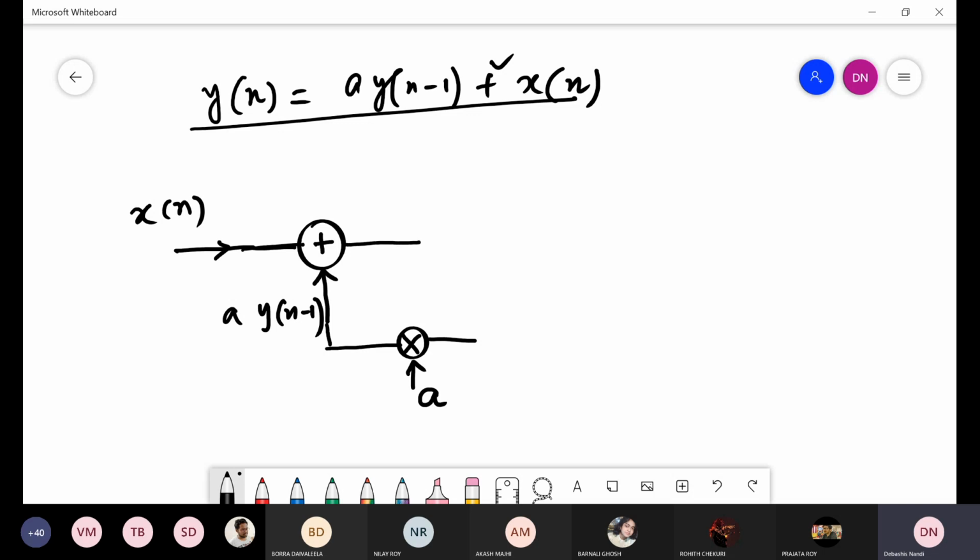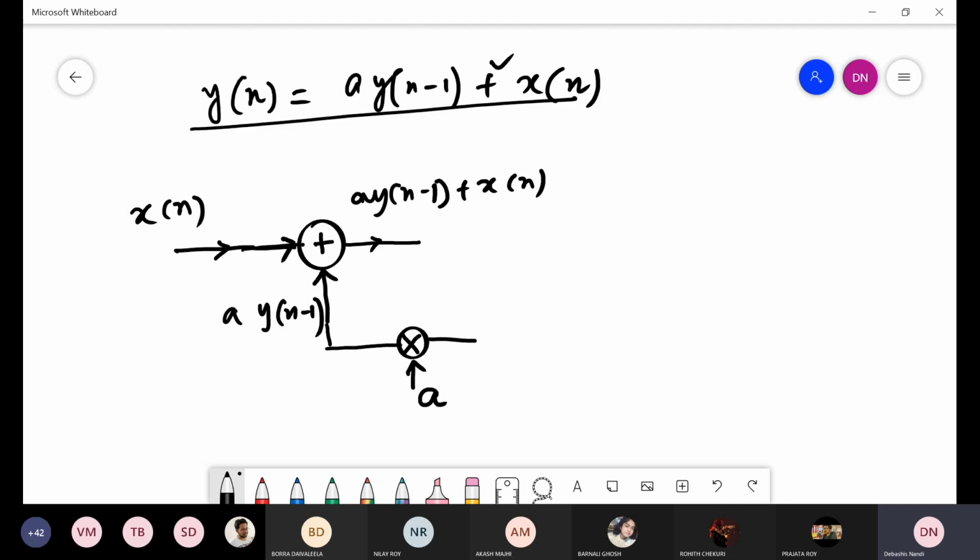So at the output of the adder you will get, I am writing it first, a yn minus 1 plus xn.